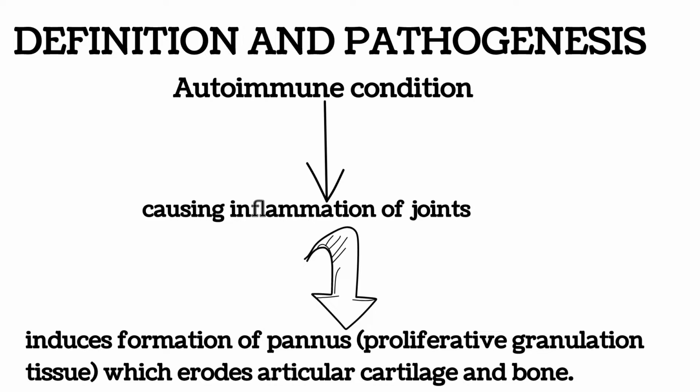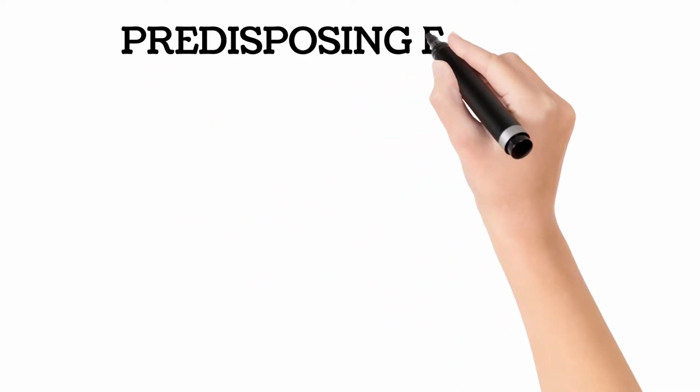Pannus is a proliferative granulation tissue which erodes the articular cartilage. Means rheumatoid arthritis is an erosive arthritis, because here erosion of the articular cartilage is occurring.